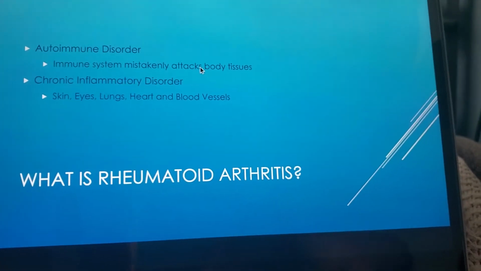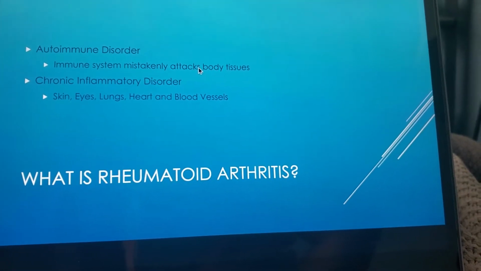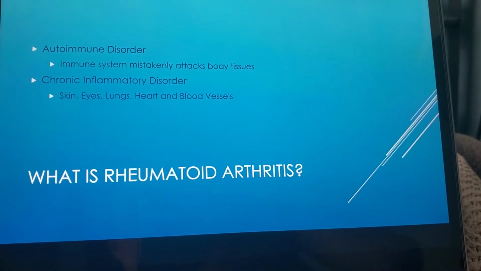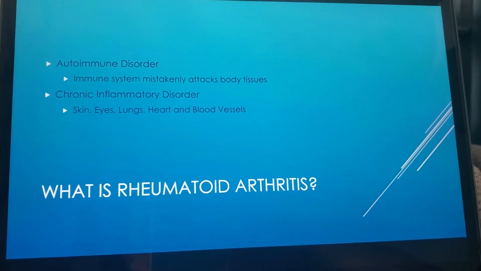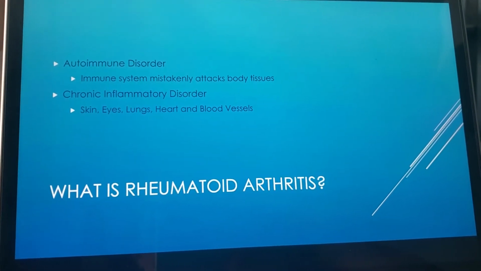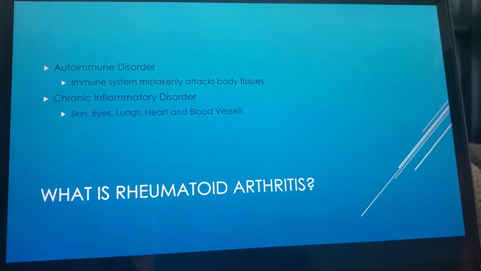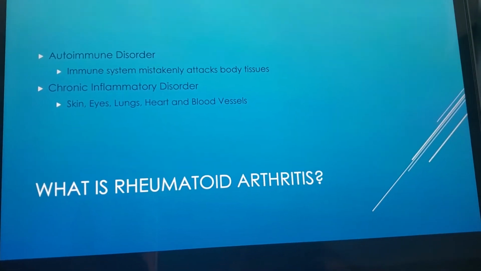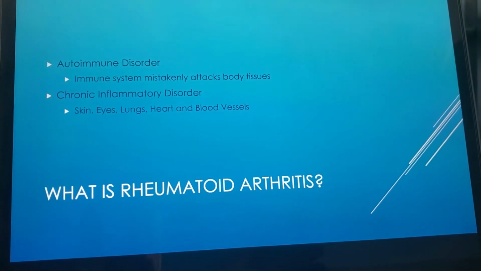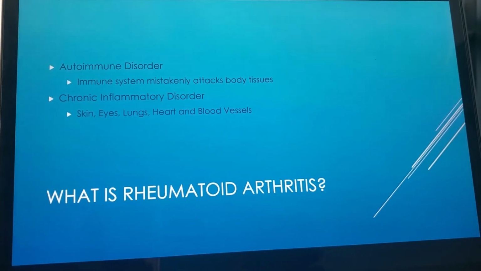What is rheumatoid arthritis? Rheumatoid arthritis is an autoimmune disorder, which means that the immune system sends antibodies to specific parts of the body even when it's not needed, and those antibodies attack those tissues as if they are a foreign body.